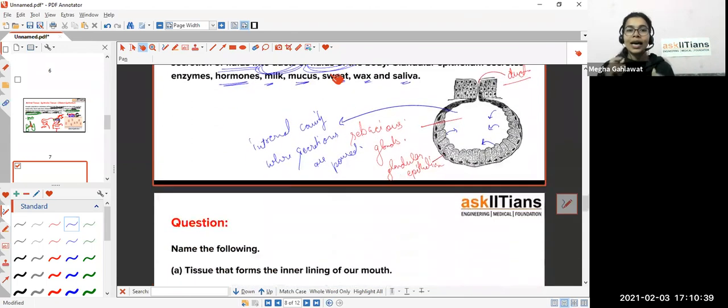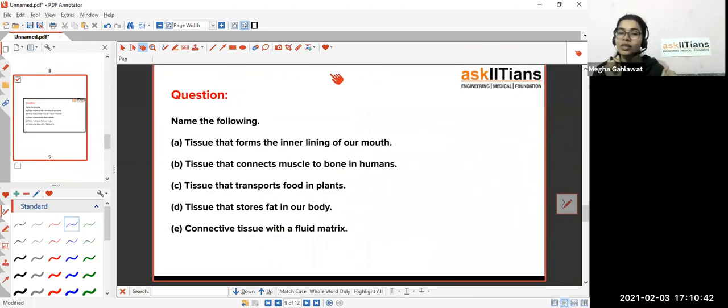Right, we'll have a few questions. What are the tissues present in the muscle to the bones, transport food in the plants, or store fat in the body, and connective tissue with the fluid matrix? Now, all of these questions may not be connected to the topics we did in today's class, but the one connected right here is this one: what are the tissues present in the lining of the mouth?